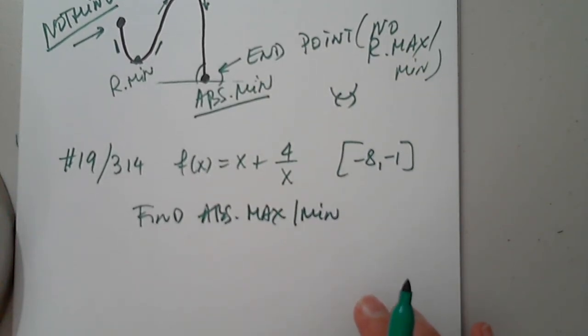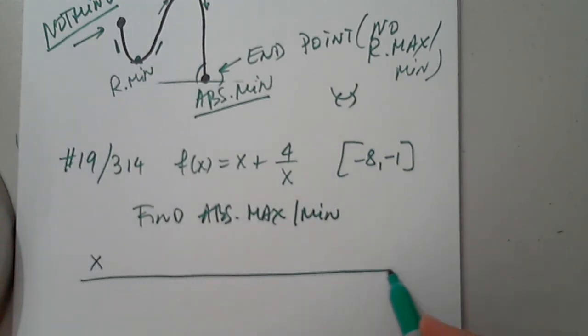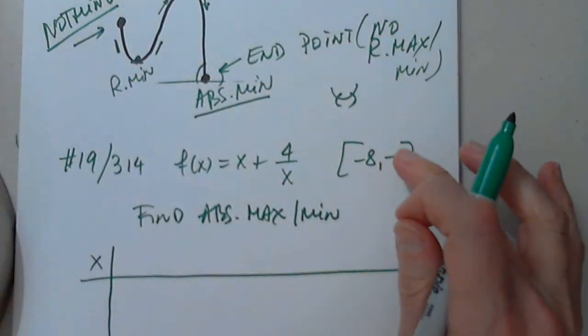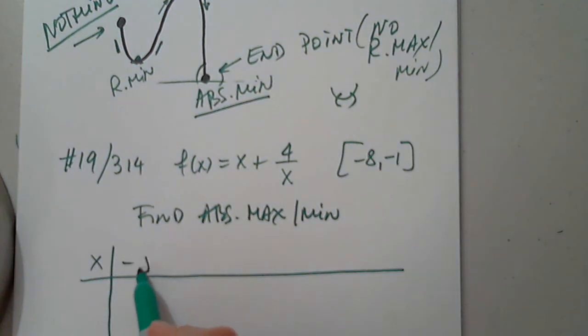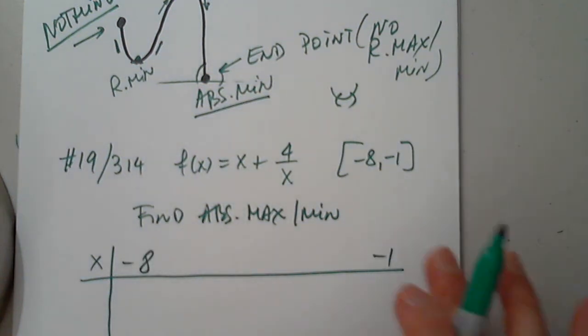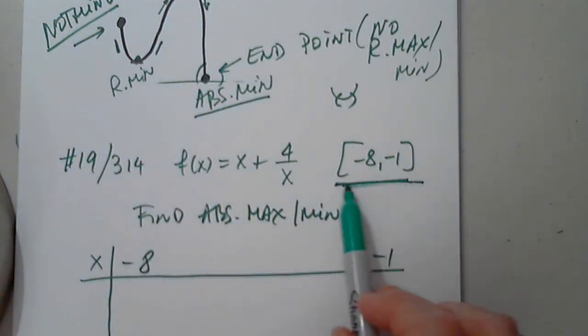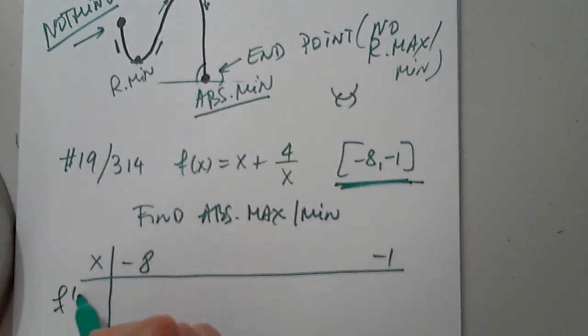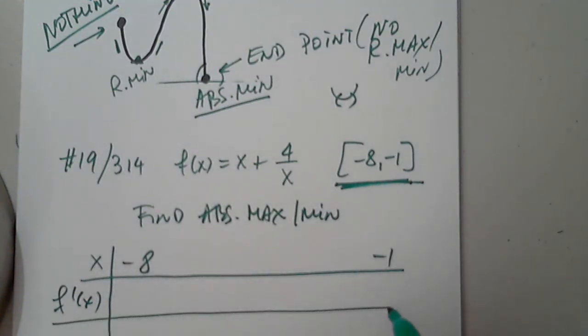Okay. All I have to do is create my table specifically with what I am given. Nothing else. I don't care about anything else. This is the world right now. And this is f prime. And this is f of x. There is no need to go to anything else.